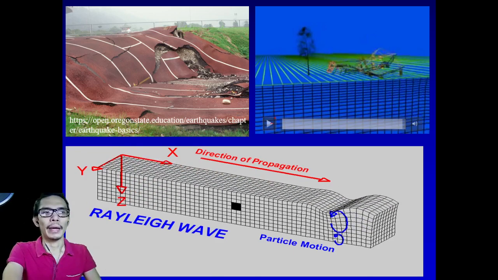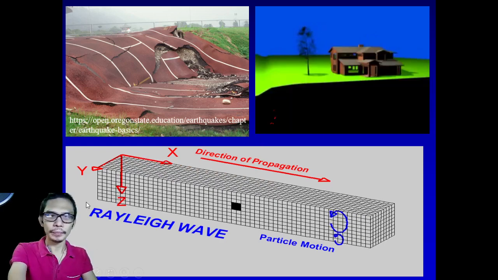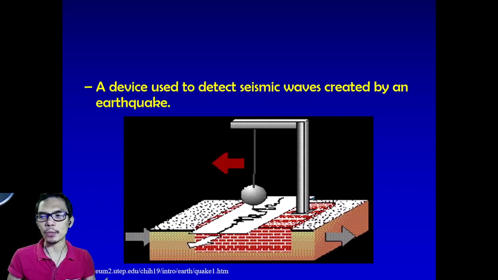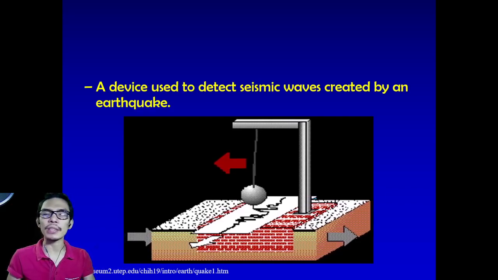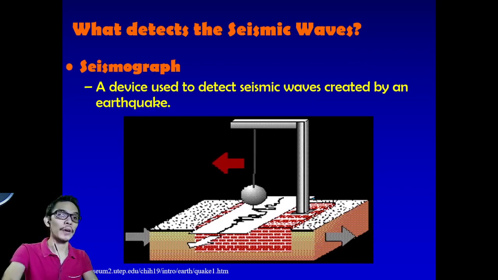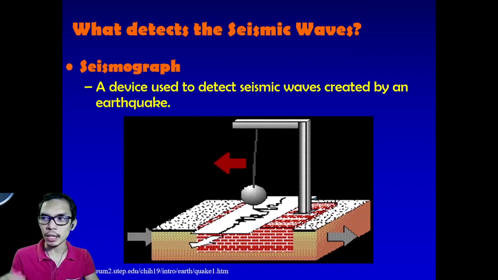Now, the device that is used to detect these seismic waves is called a seismograph. The one that you see here is an improvised seismograph.